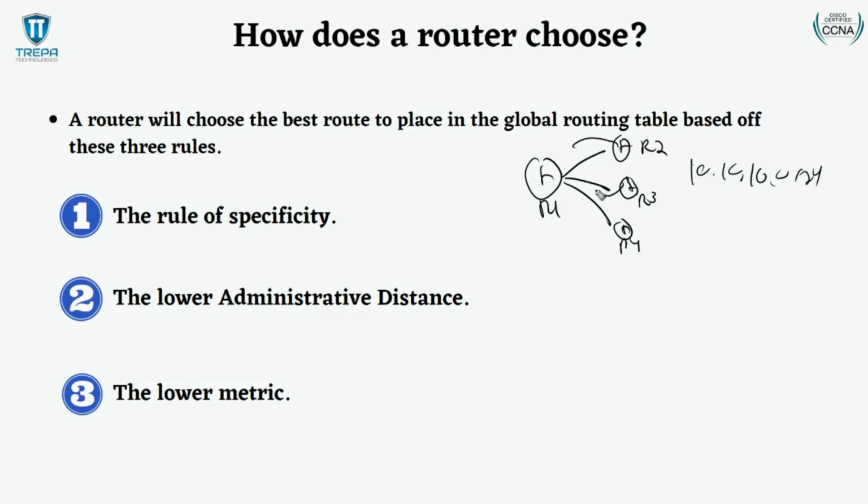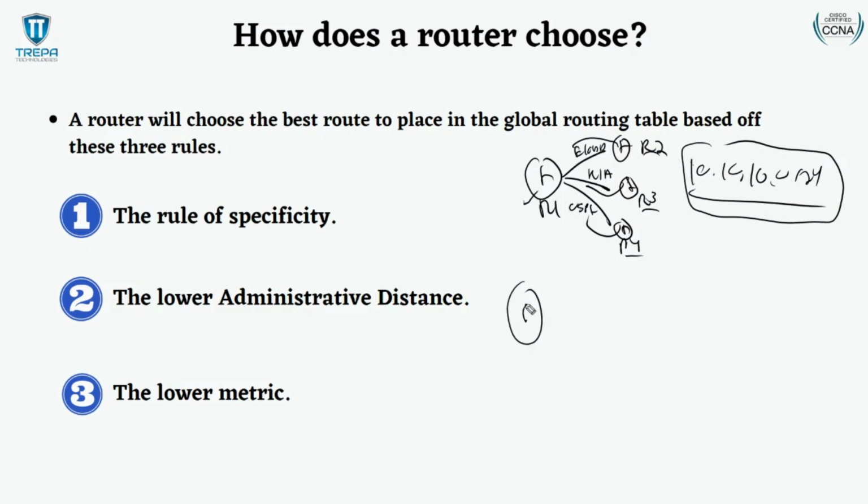And so they advertise, so R1 knows about this network. One router uses OSPF, one router uses RIP, one router uses EIGRP. Which way is R1 going to send traffic? Which next hop is going to go into the routing table? Because we know we've got to place this in the routing table, but how do we reach it? Are we going R2, R3, or R4? We're also going to go over this.